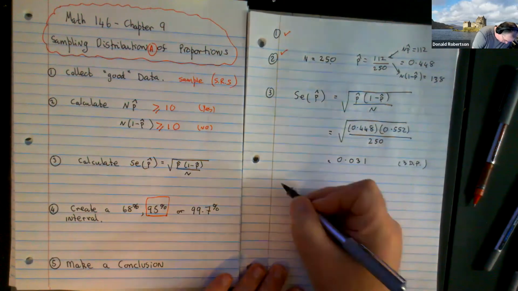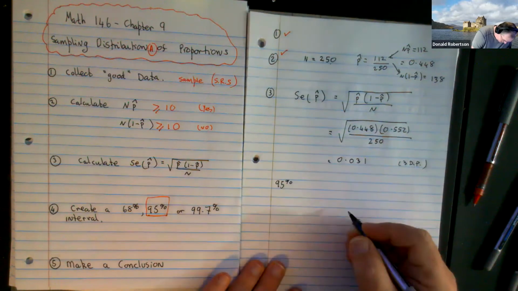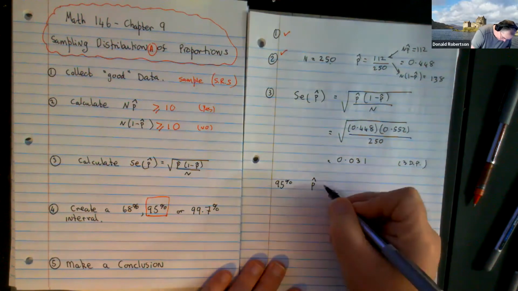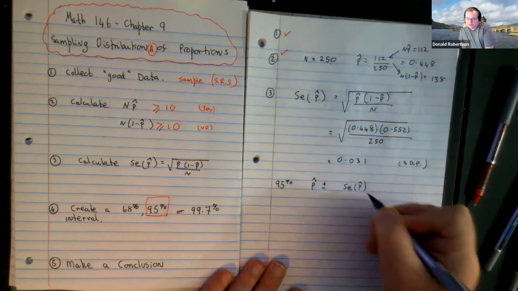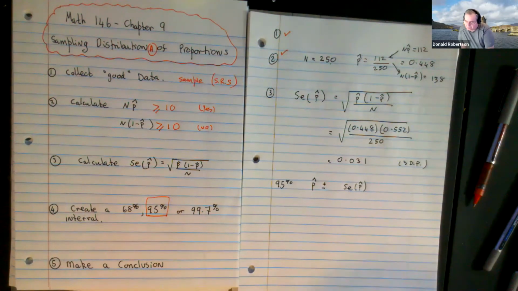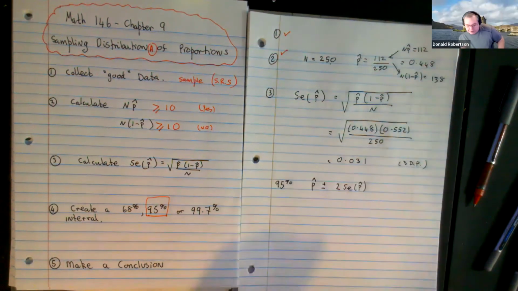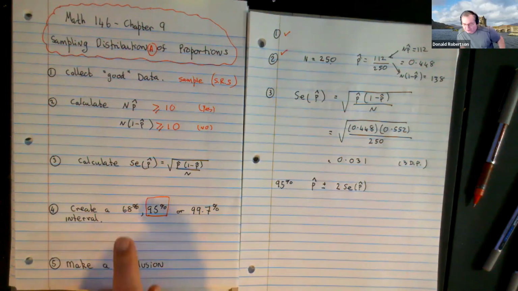So what does that look like, 95%? Well, the formula for calculating it is the sample, p hat, plus or minus how many standard errors to get a 95%? 2. If they did ask, which is unlikely, but if they asked you for a 99.7, wouldn't it be 3? And I hope they never ask you for 68.